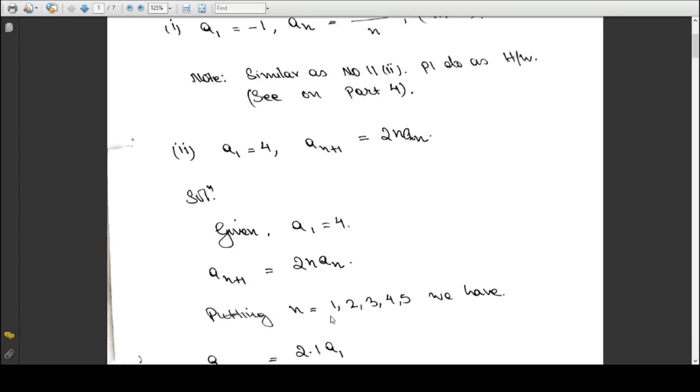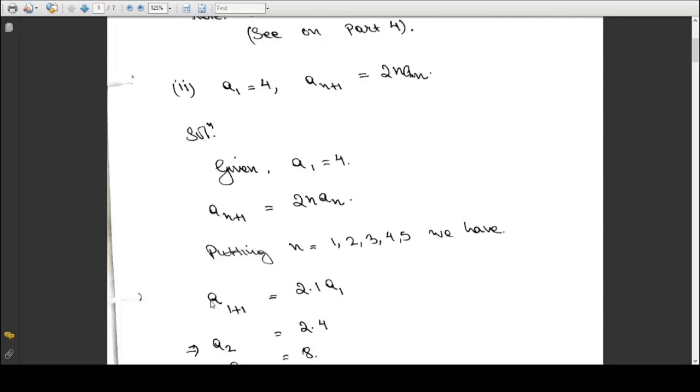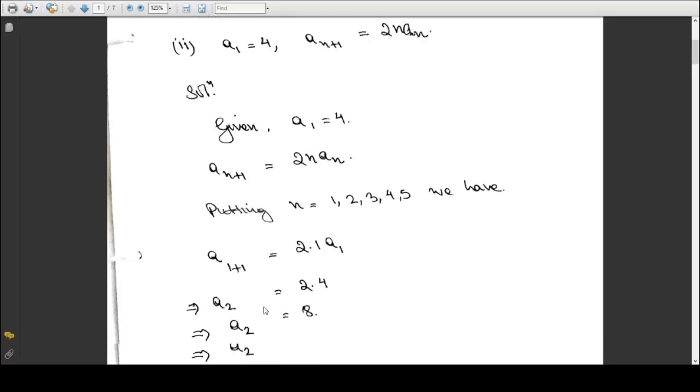Okay, now starting with putting n equal 1. Instead of n we are putting 1. This means a_(1+1) equals 2 times 1 times a_1, that is a_2, the second term. a_1 is 4, given. 2 multiplied by 4 is 8. That means a_2 is 8.